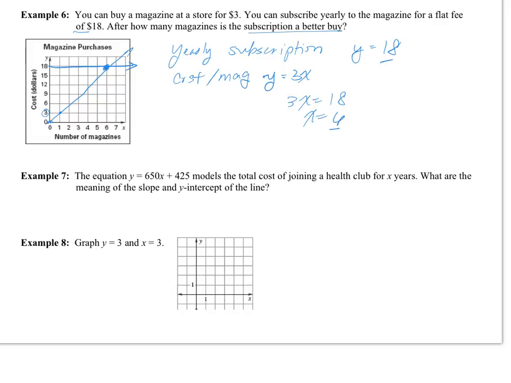So 6 and 18. I can conclude that it would be cheaper to buy individual magazines if you buy less than 6 magazines per year.